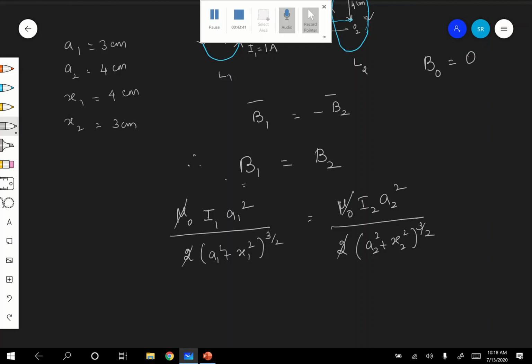Now you see here that is nothing but I1. Now you substitute. I1 is 1 amp, right? Therefore, 1 into A1, which is 3, 3 squared, centimeter, let it be, no problem because that side also is centimeter.